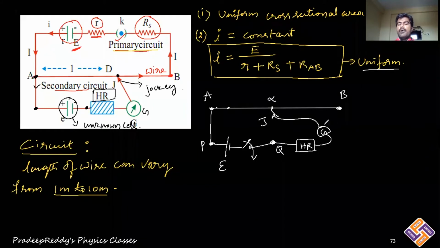I consider this point as alpha. When you are placing the jockey at position alpha, you are able to see that the galvanometer is showing null deflection. So at length A alpha, the galvanometer shows null deflection.